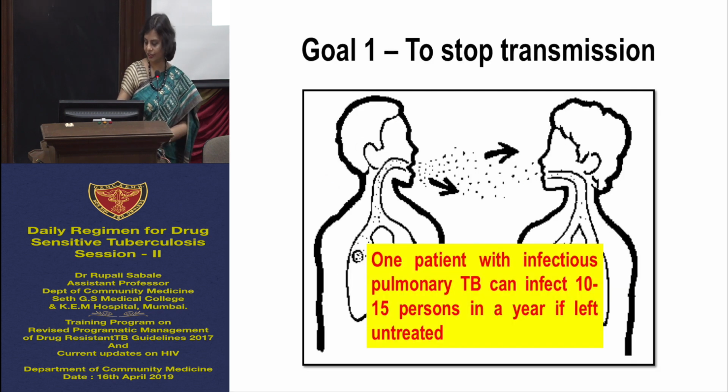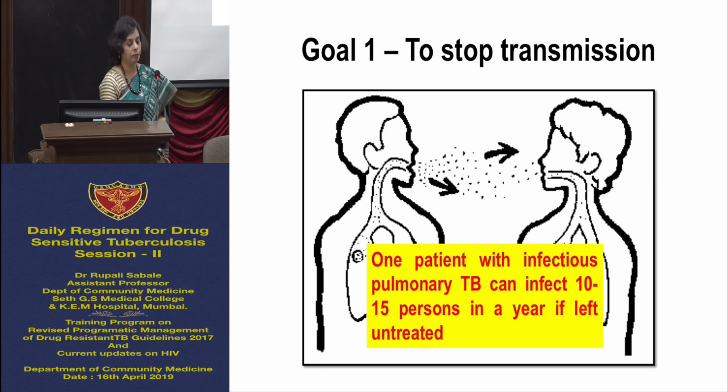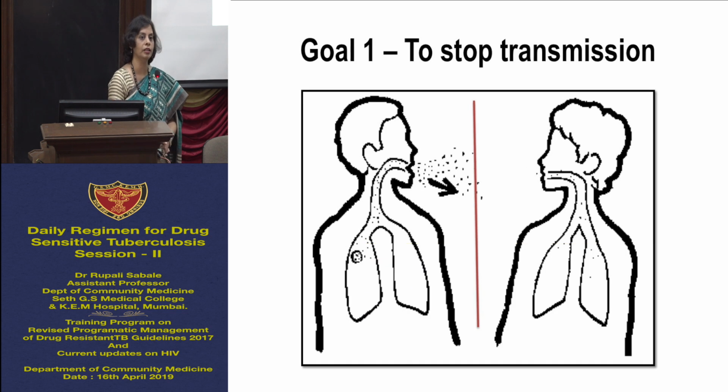Source reduction. Rightly said, the first thing is to stop transmission. Everyone knows TB is an airborne infection. It is said that a patient with infectious pulmonary tuberculosis can infect 10 to 15 persons in a year if left untreated. So when we give treatment, we are stopping the transmission.